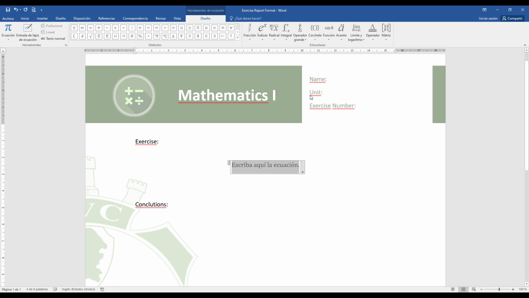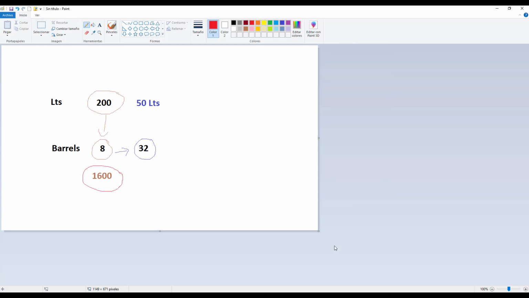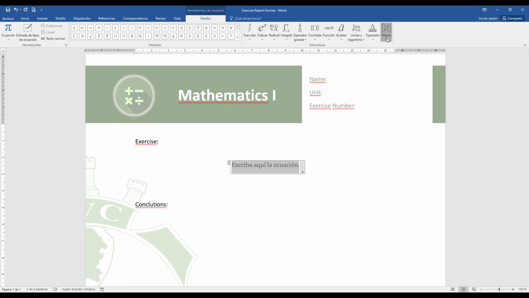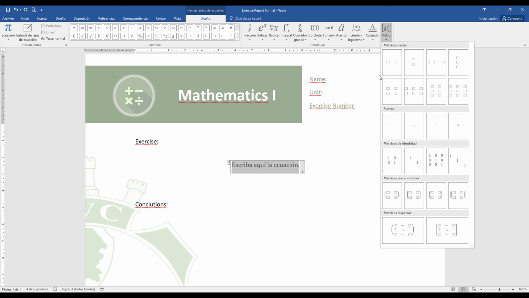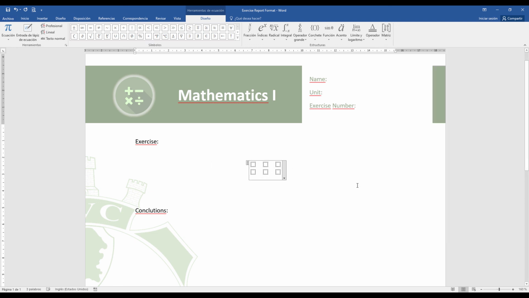For example, to use a table here, you look for a structure that has 3 columns and 2 rows, here the matrix, and select that.